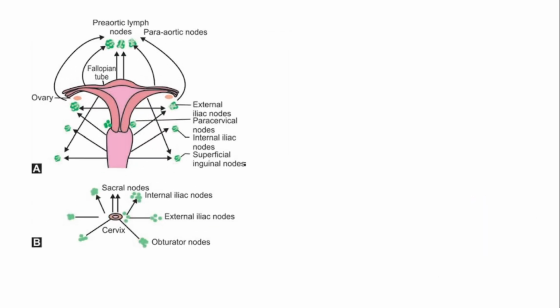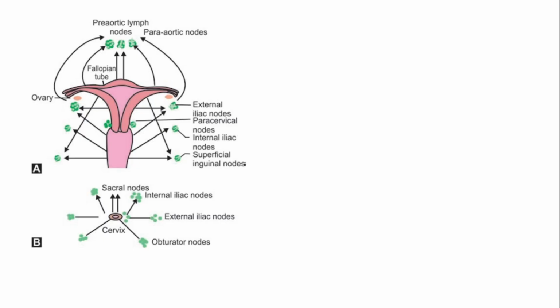Let us focus on the related gynecological organs. In diagram A, we see the ovaries drained by the pre-aortic lymph nodes, and the fallopian tube by the pre-aortic lymph nodes as well. So the uterus is divided: the upper part, related to the ovaries and fallopian tube, is drained by the pre-aortic lymph nodes.